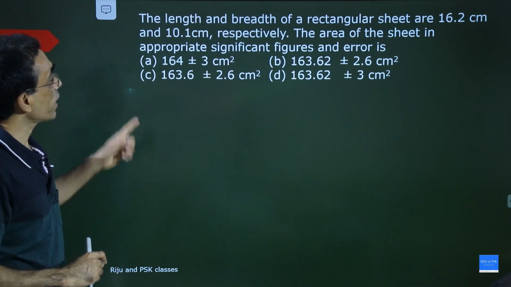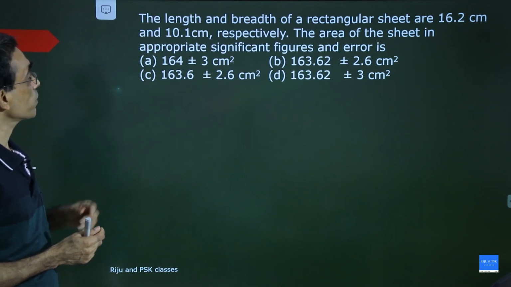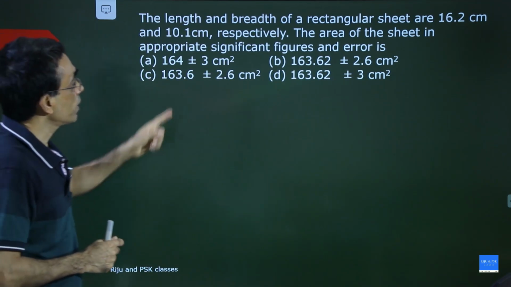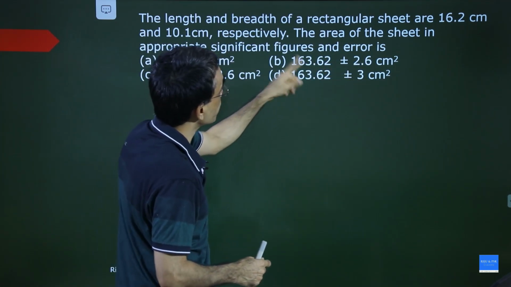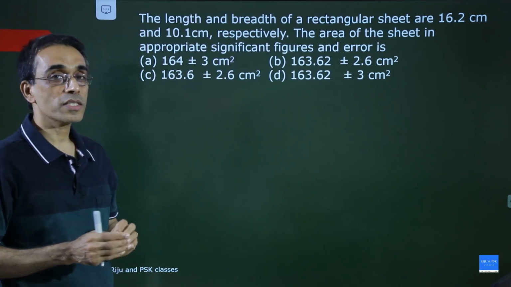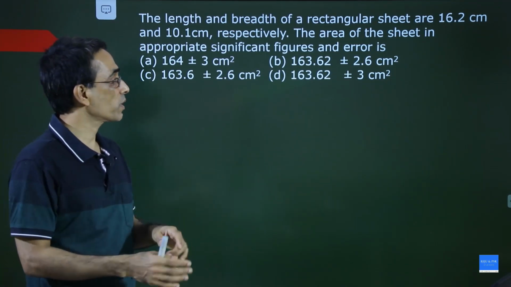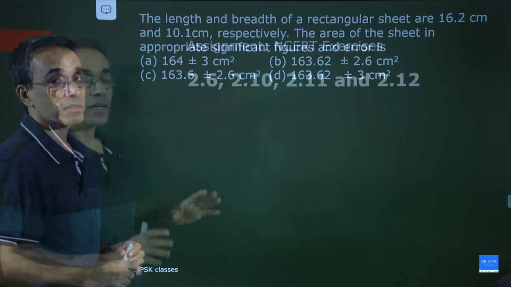The length and breadth of a rectangular sheet are 16.2 centimeter and 10.1 centimeter respectively. The area of the sheet in appropriate significant figure and error. Now this time you have to consider both the significant figures as well as error. Okay, I think I will do that.